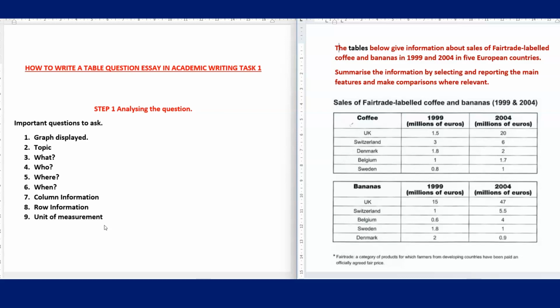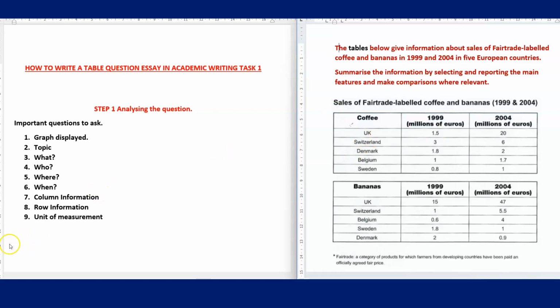Because if it's about money, then it tells you the worth of those products in that particular year, and the other year too. Okay, so if the value increased or decreased, or the amount they bought increased or decreased, you will know. Okay, so this kind of information will help you to know the correct word that you need to use, and also the right grammar that you need to use.